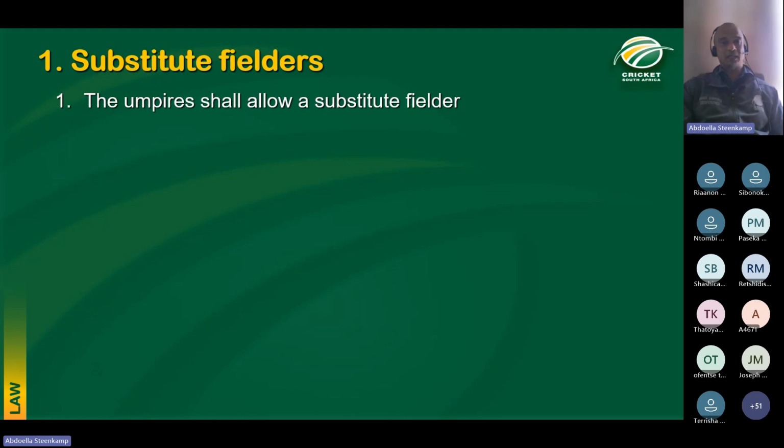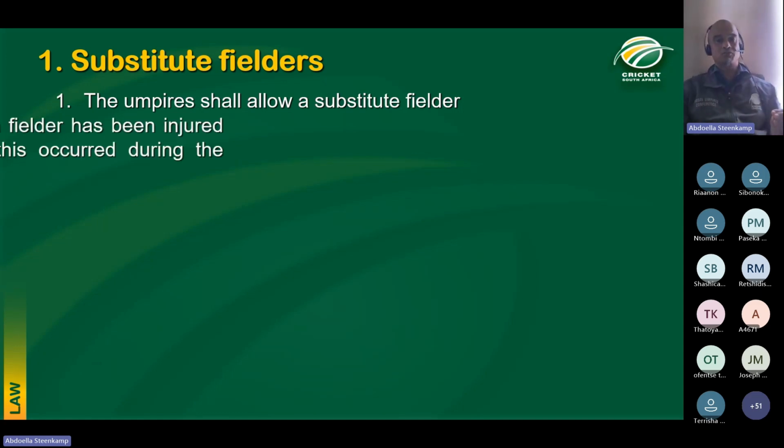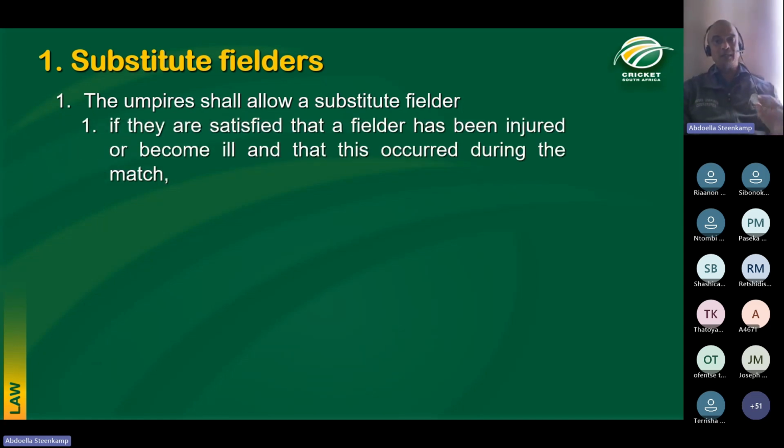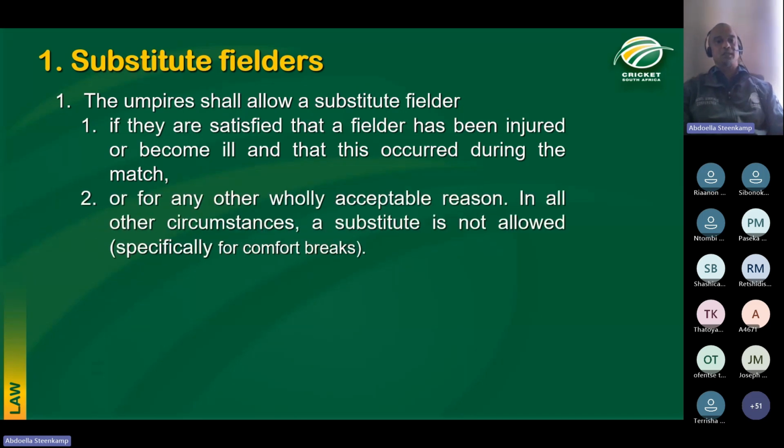The law guides us by telling us the umpires can allow a substitute fielder if they are happy that a fielder has become injured or ill, and that this injury or illness occurred during the game. A fielder cannot bring an injury or an illness into the game. You need to be satisfied that the fielder became injured or ill during this particular game. If that is the case, you'll allow a substitute fielder.